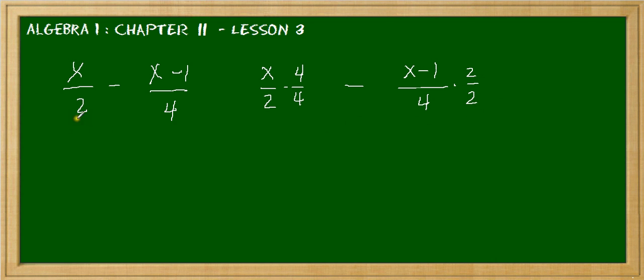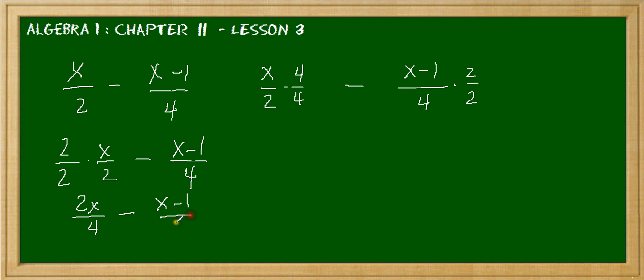We could have just taken this and multiplied it by 2 over 2. I end up with 2x over 4 minus x minus 1 over 4.